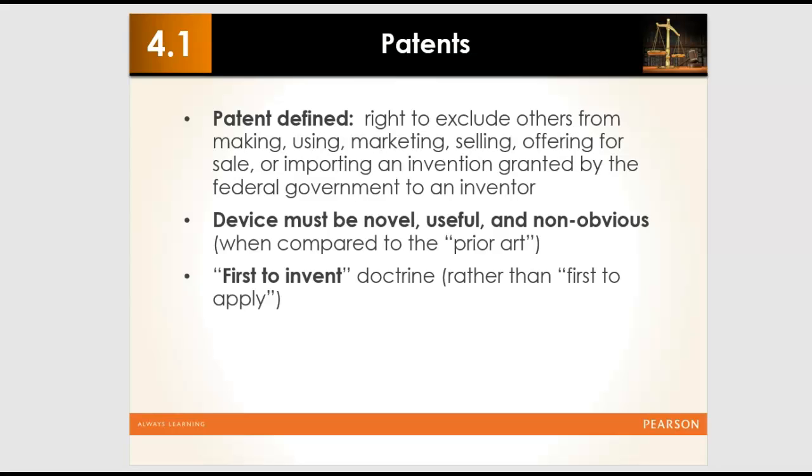And one of the requirements to patent an invention is to fully disclose what the manufacturing process is, what the invention is, how you make it. So after 20 years, everyone will be able to manufacture, to make your invention.